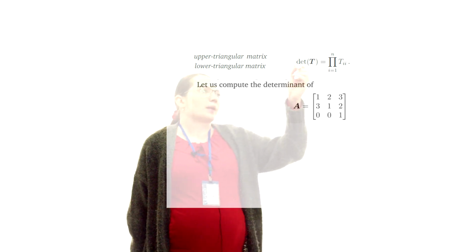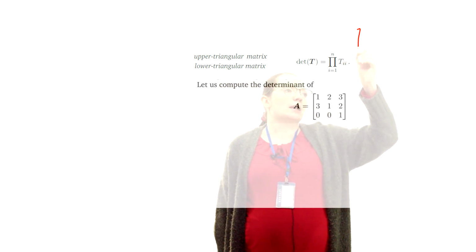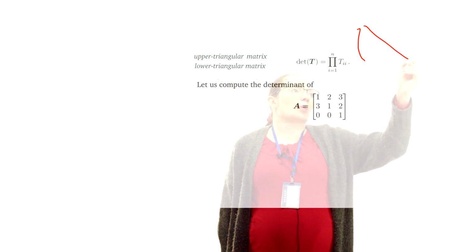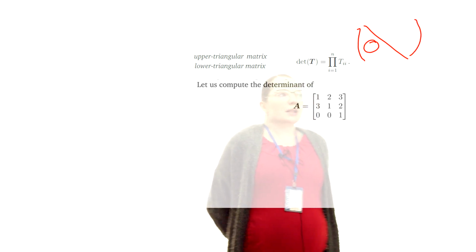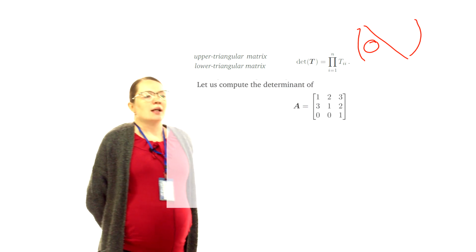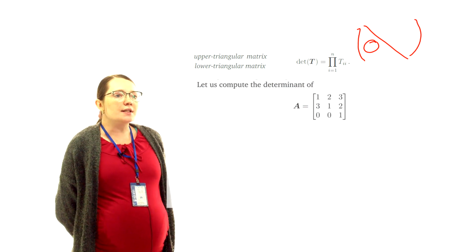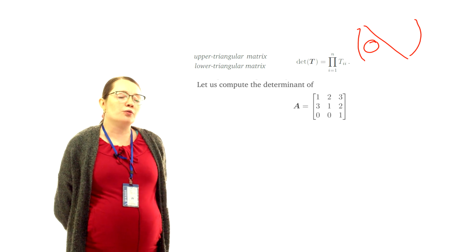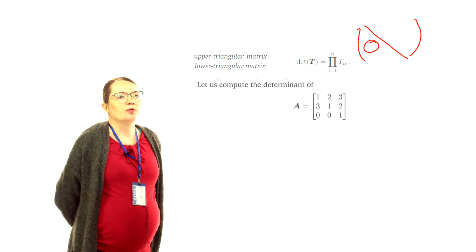An upper triangular matrix is a matrix in the form where you have 0 below the main diagonal and some numbers above the main diagonal. And for this type of matrix, we have its own formula for determinant. This is simply the product of the elements on the main diagonal of the matrix.